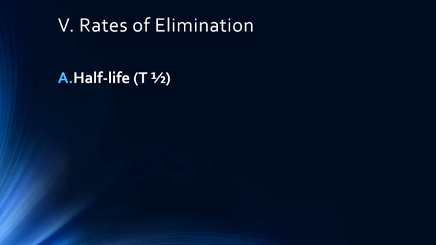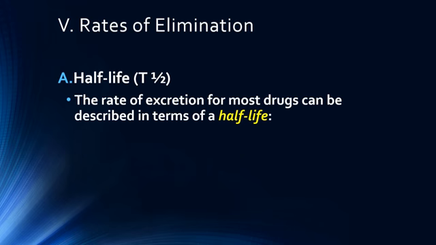So that's excretion. The next really important thing for us to talk about, in fact what we'll talk about for most of the rest of this particular lecture, is what's called plasma elimination half-life, or oftentimes excretion half-life. The rate of excretion for most drugs can be described in terms of a half-life.